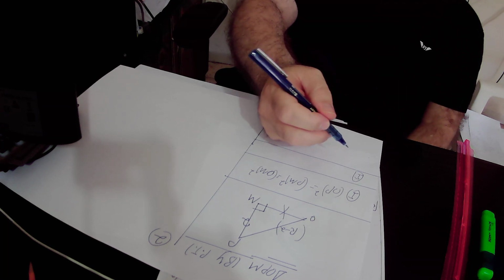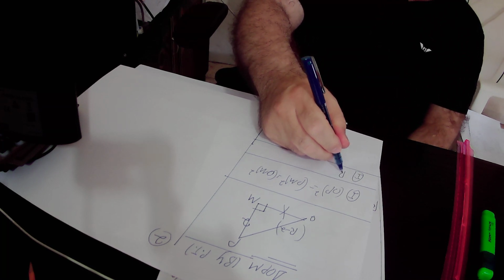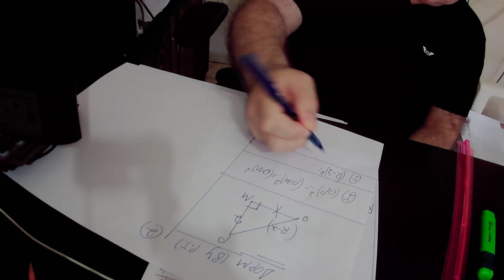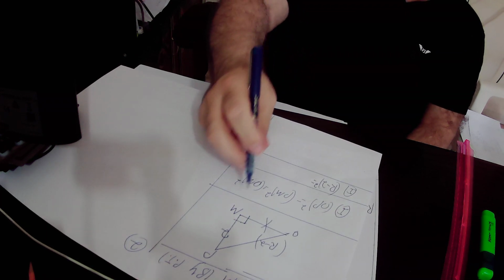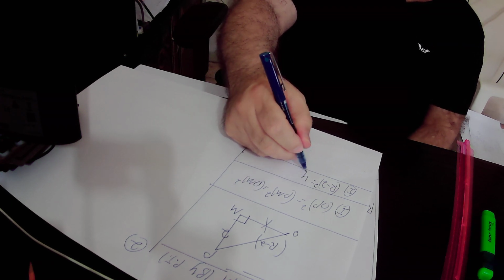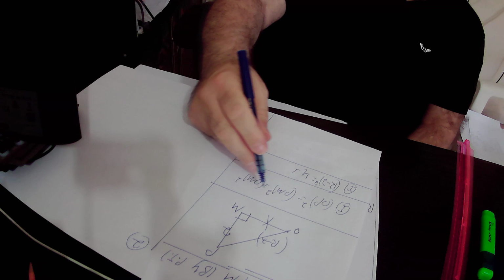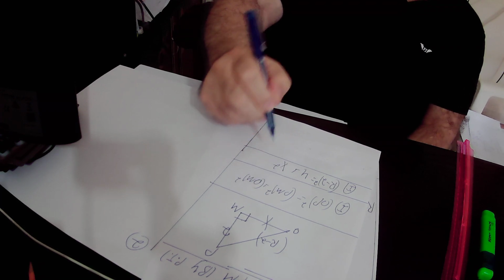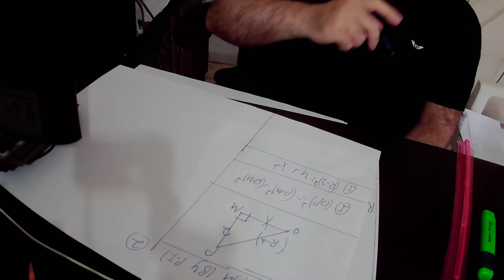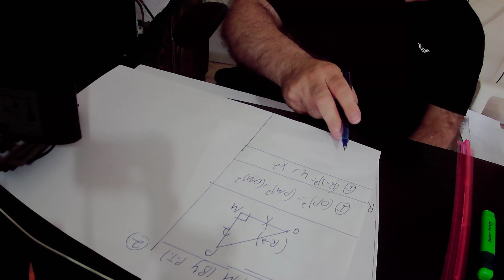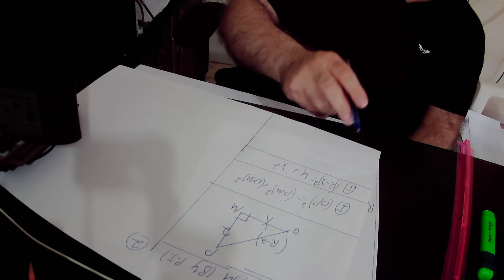OP equals capital R minus 2, therefore OP squared equals (R minus 2) squared, and it is equal to PM squared. PM equals 2, therefore PM squared equals 2 squared, that is 4, plus OM squared. OM equals X, therefore OM squared equals X squared. So in conclusion, according to equation number 1, (R minus 2) squared equals 4 plus X squared.